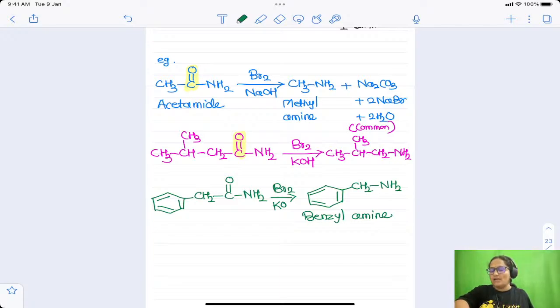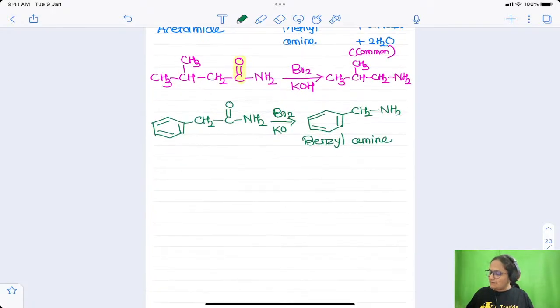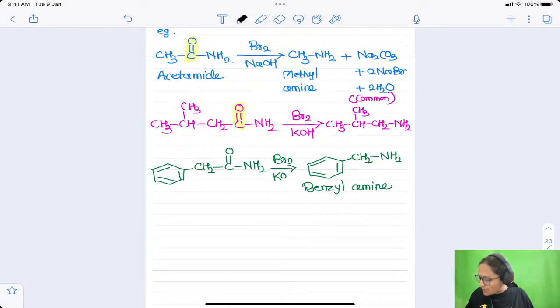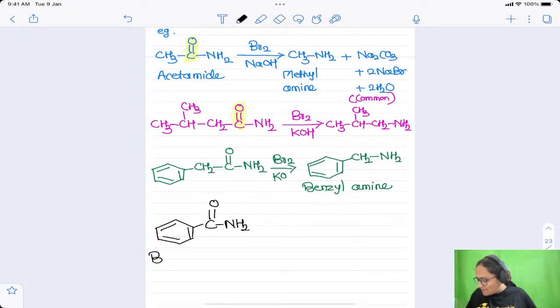Now some examples for aromatic amines we will see. All these three examples were for aliphatic. Now some examples for aromatic amines. If I am starting with a benzene ring attached to the amide group, CONH2, when the benzene ring is directly attached to the CONH2 group, this is benzamide.